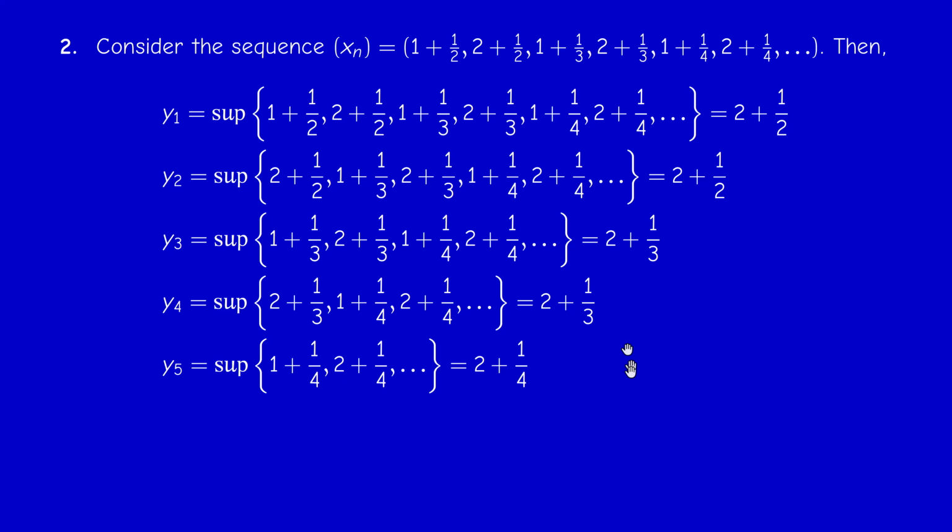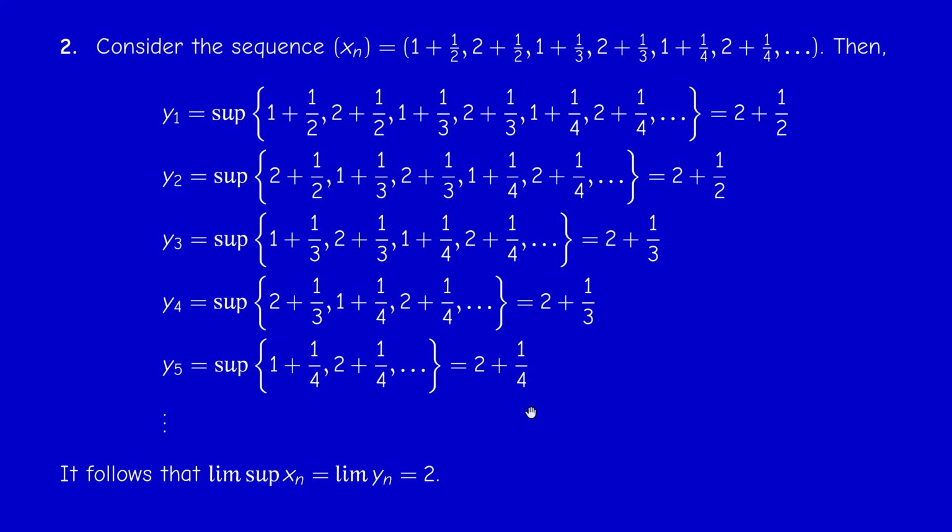So what is the limit of this sequence yn? You should see that it's 2. So we see that it's decreasing, 2 plus 1 half, 2 plus 1 half, 2 plus, etc. We can also find a formula if you like, but it should be clear that this sequence yn tends to 2.